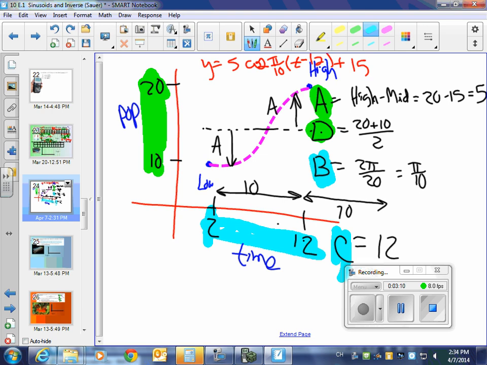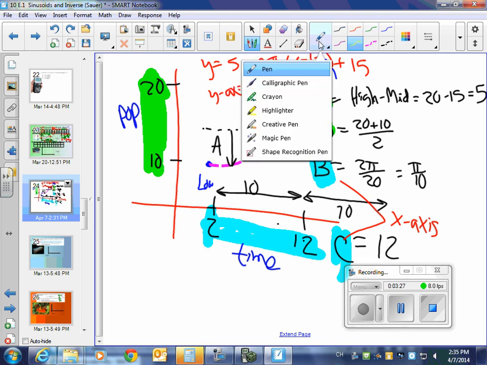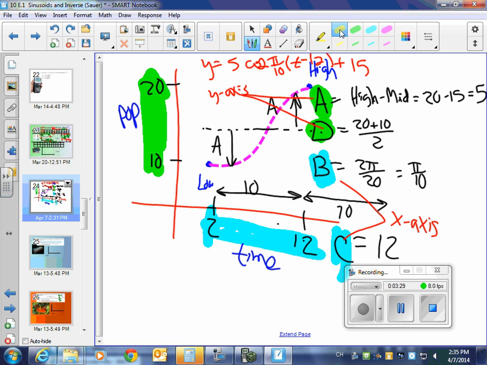So whenever I'm looking for B and C, I look at the x-axis. These two, I look at the x-axis. And these two, I look at the y-axis. And that really helps me organize these so that it doesn't seem quite so crazy and abstract. Does that help put it together a little bit?